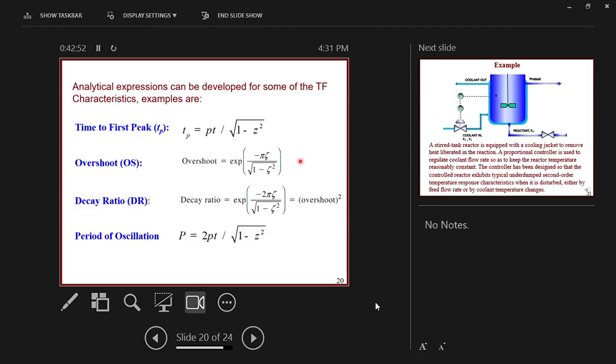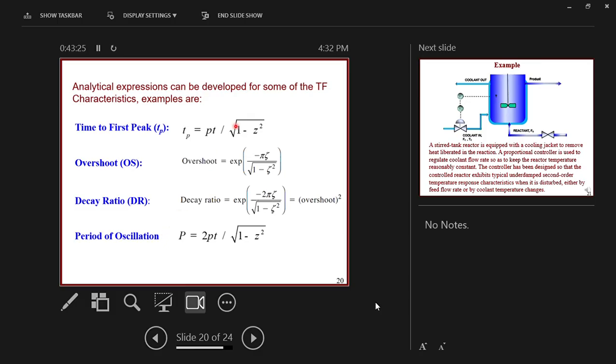Using these relations will enable us to find other characteristics from known parameters for the transfer function. So in other words, if I know the tau and zeta, I can calculate the time for the first peak. Similarly, the overshoot, the decay ratio, and the period of oscillation. So the most important thing is to know the transfer function. Once I know the transfer function, I can calculate all these characteristics.